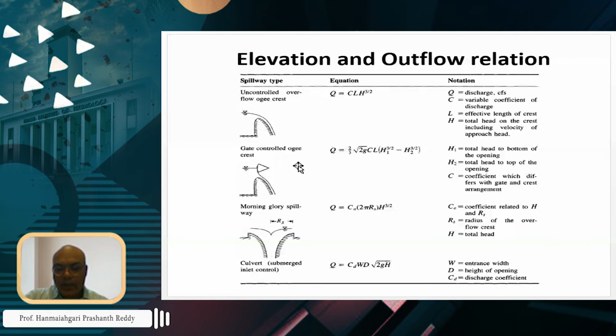Suppose it is a gated Ogee spillway, then we will use this formula: Q = (2/3)√(2g) C L (H1^(3/2) − H2^(3/2)), where H1 is the total head, and H2 is the total head at the bottom of the gate, from the crest.